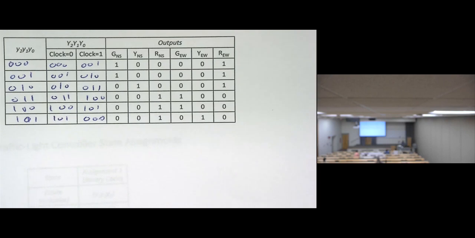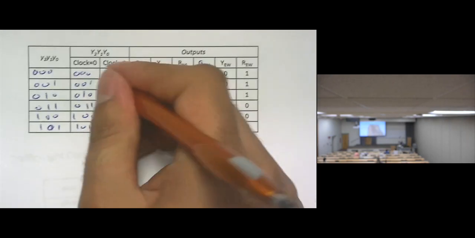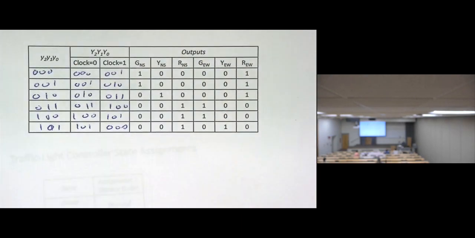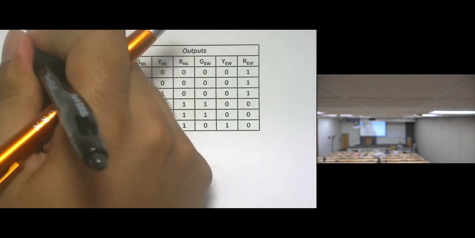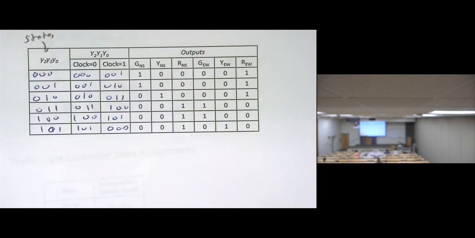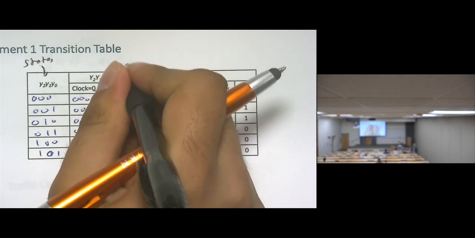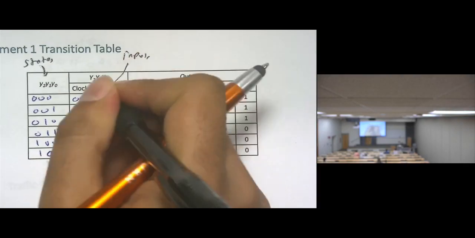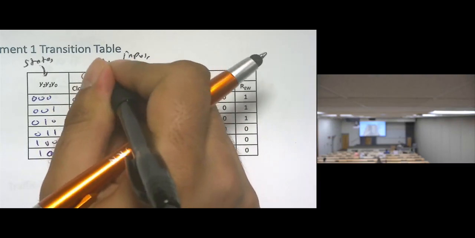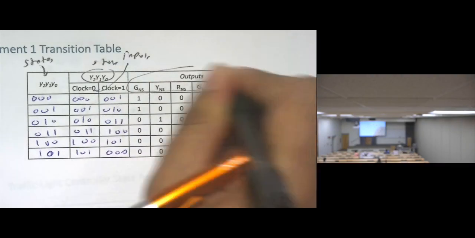Now we are ready to do the equations. So those are the states. Do we have any inputs? Yes, a clock. And we have states and outputs.